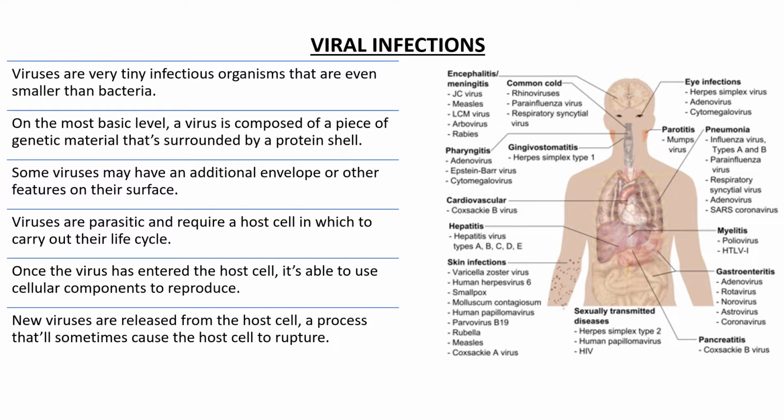Viruses are very small infectious organisms, which are, as a matter of fact, smaller than a bacteria, that are composed of a piece of genetic material surrounded by a protein shell. Some viruses might also have an envelope or other features on their surface.